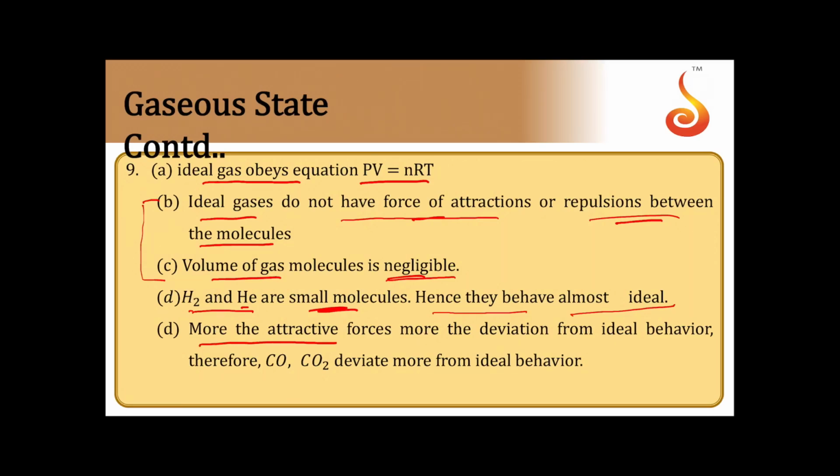So, the more the attractive forces, the more the deviation from the ideal behavior, because ideal gas does not have any force of attraction. Therefore, if you have attractive forces, they deviate. Hence, the more the attractive forces, the more the deviation from ideal behavior. So carbon monoxide and carbon dioxide gases deviate more from ideal behavior.